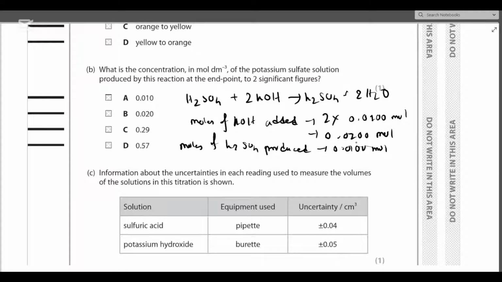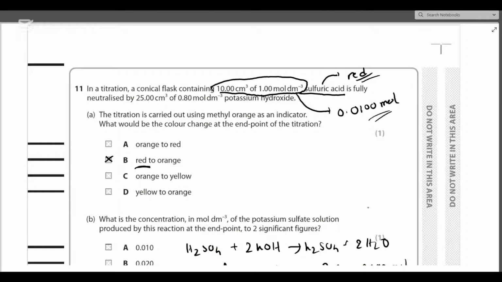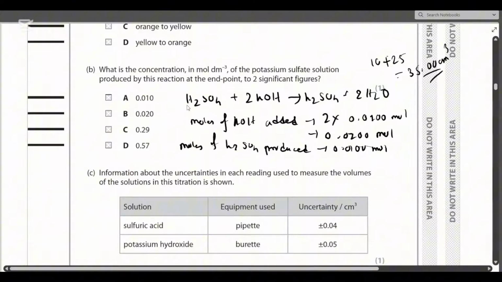The last part that is left is to find the total volume. The total volume is 10 plus 25, which gives us 35 cm³. Now we know the total volume and the moles, so you can easily find the concentration.